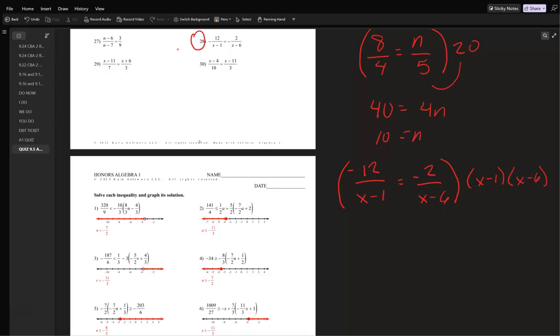So when I distribute this over here, this and this will cancel. Something divided by itself cancels, but this negative 12 now gets multiplied with this expression, and when I multiply this whole thing now to this side, this and this will cancel, so the negative 2 will get multiplied times that.